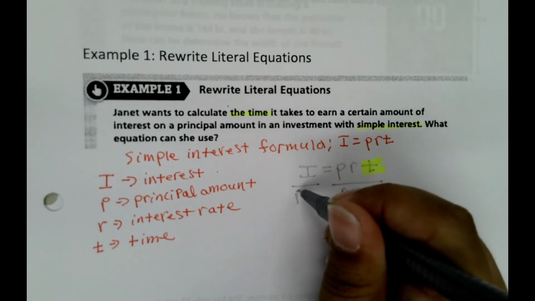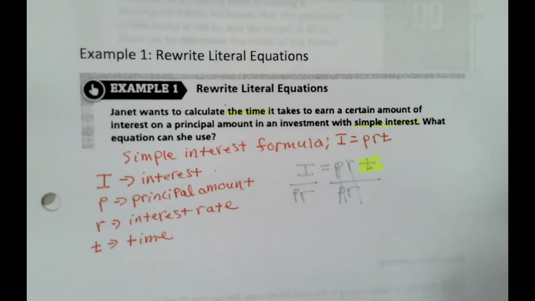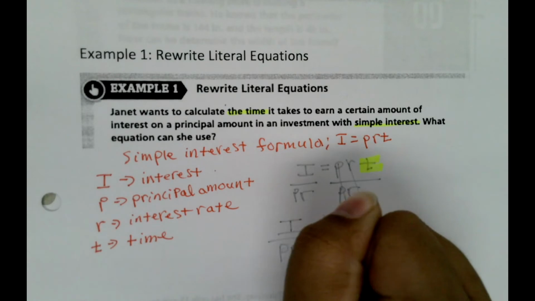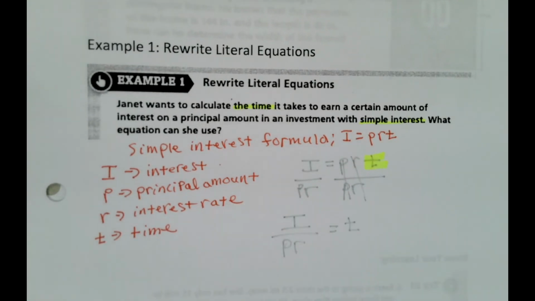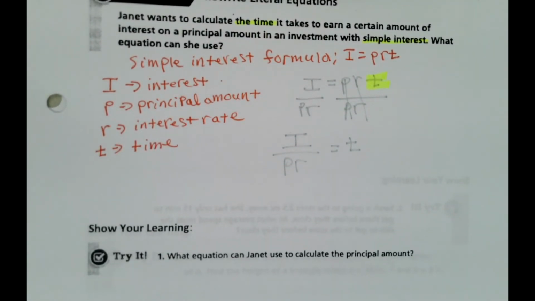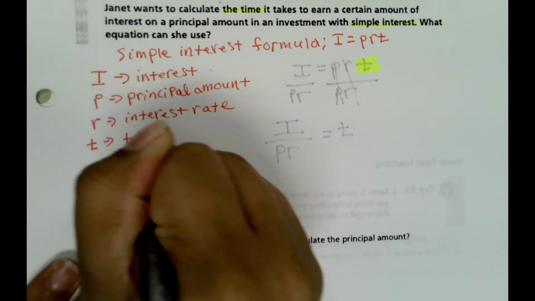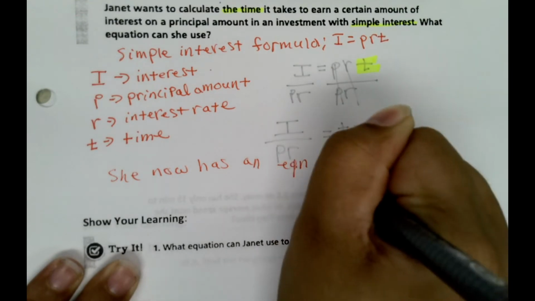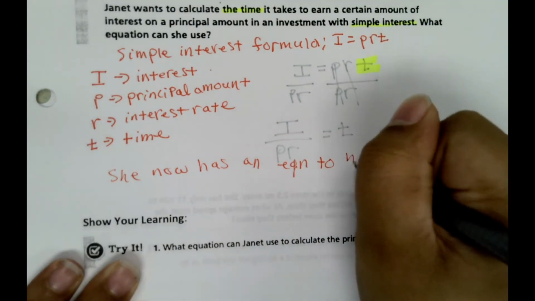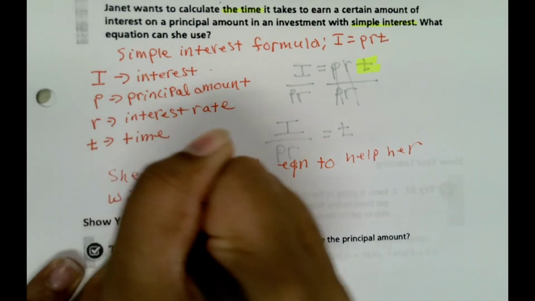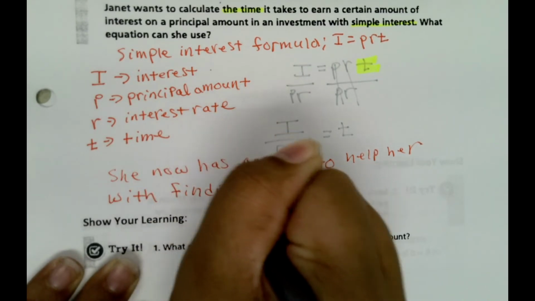So what does this mean? She now has an equation to help her with finding T by plugging in I, P, and R. So she knows her interest, she knows her principal, and she knows her interest rate.